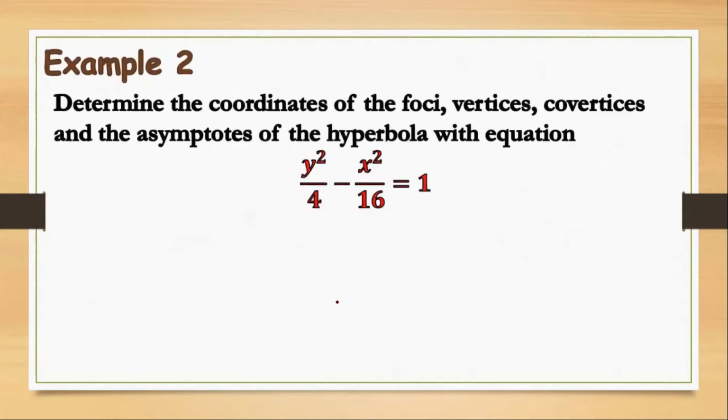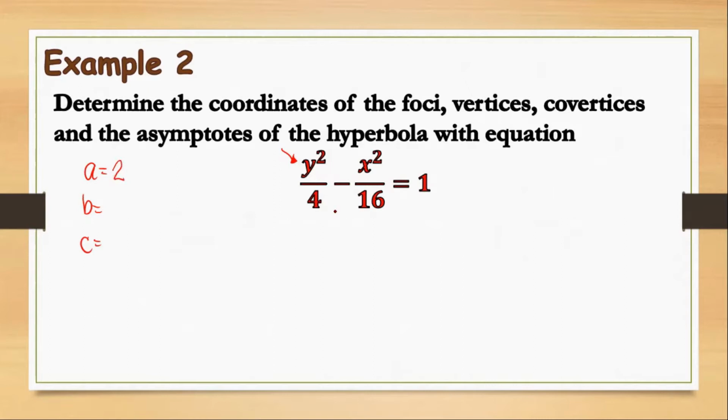Let's continue with the second example. Determine the coordinates of the foci, vertices, co-vertices, and asymptotes of this given hyperbola. Take note that our first term here is y, and we can see that it is a vertical hyperbola. So let's find first our a, b, and c. Our a is square root of 4, so that is 2.